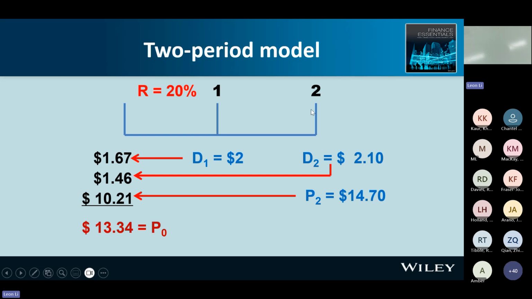And if our price at year 2, P2, is here, then again, we bring all the cash flow to today using the discount rate, required rate of return, right? Finally, adding up, this is the share price today, or P0. Okay.